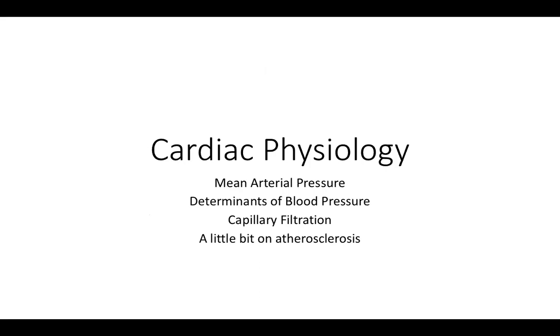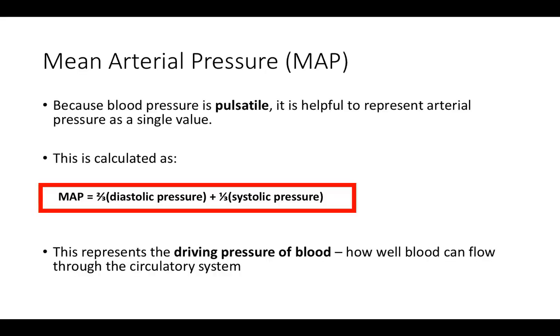So we're going to now talk about how blood pressure changes, and what are the factors that change blood pressure? And so in order to do that, we've talked about how blood pressure is represented with two numbers, but that's actually not quite helpful, because the real question is, what number do we use? Which number is more important?